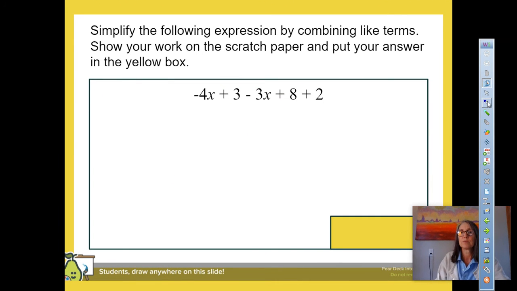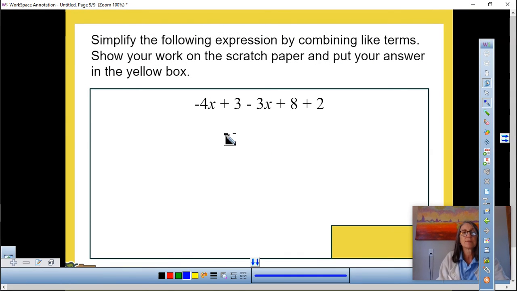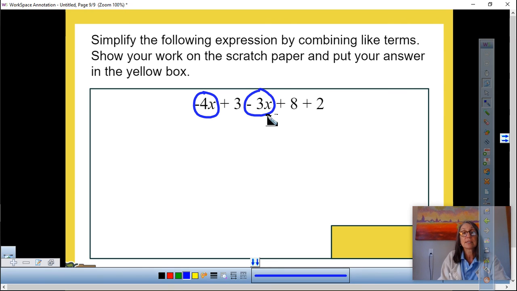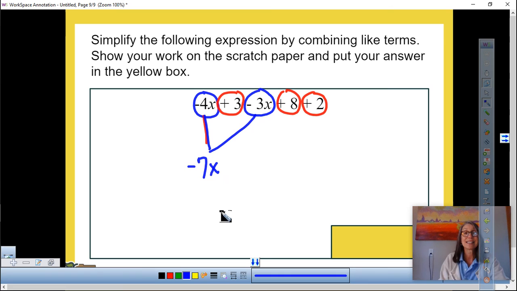How about this one? Let's look at the like terms. I've got a negative 4x, a negative 3x, no more variable terms. These are constants, and they are alike. They happen to all be positive. So now let's combine them. Negative 4x and negative 3x give us a negative 7x.